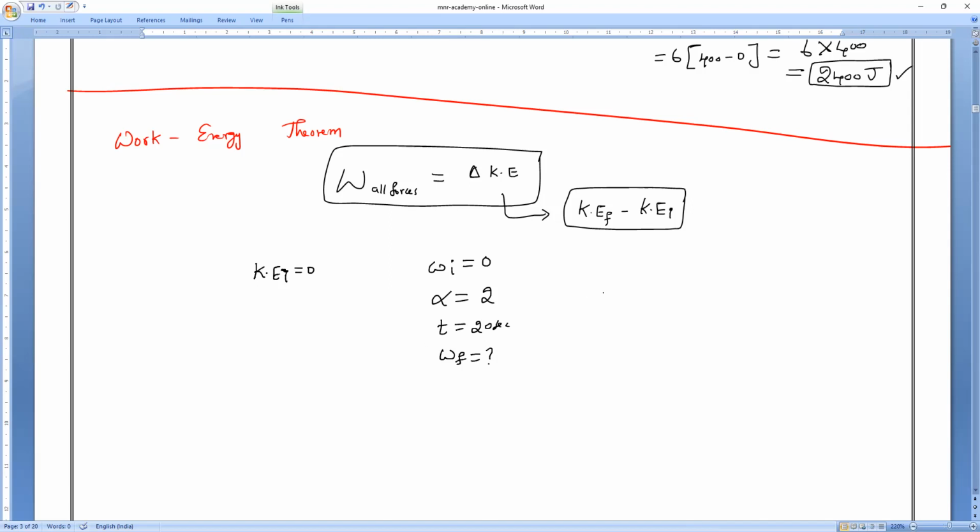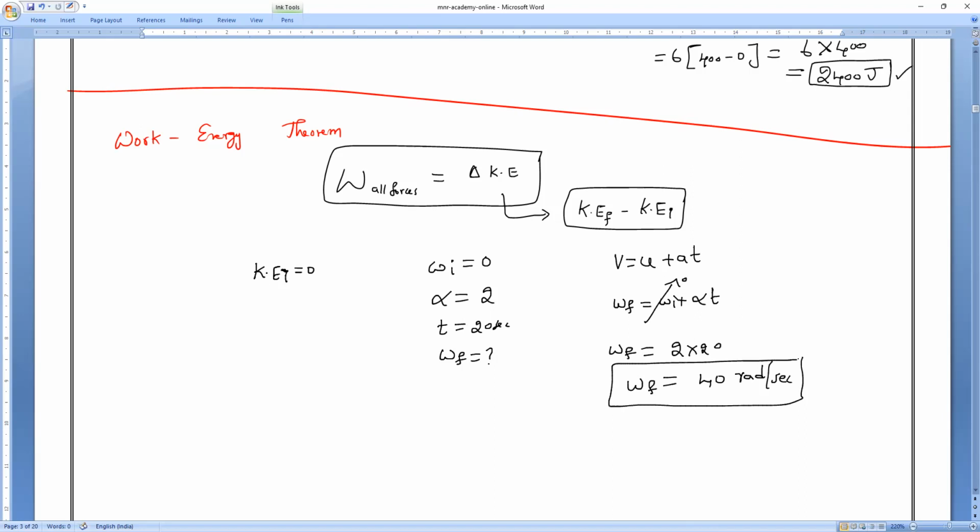Using v equals u plus at, final angular velocity is initial angular velocity plus alpha into t. Initial angular velocity is 0, alpha is 2 and time is 20, so the final angular velocity is 40 radians per second.